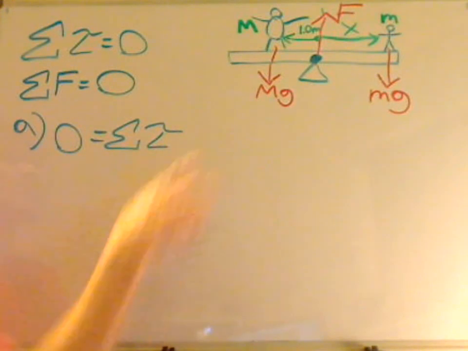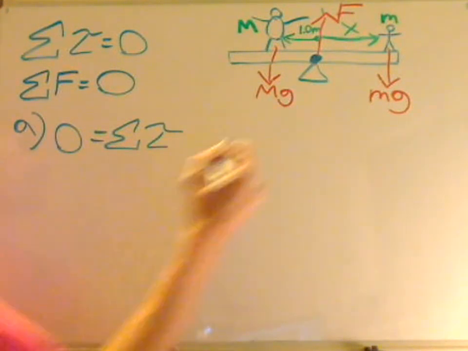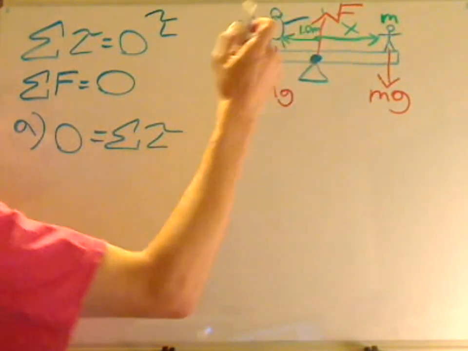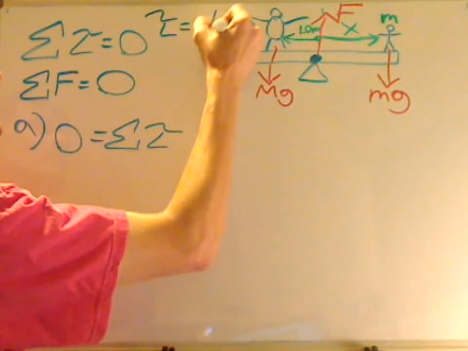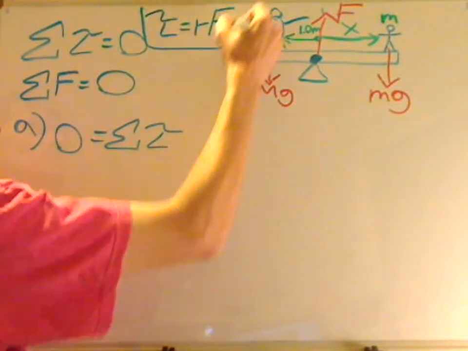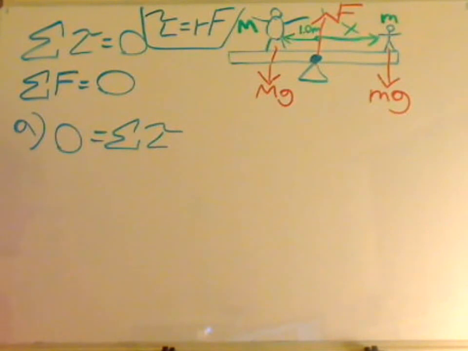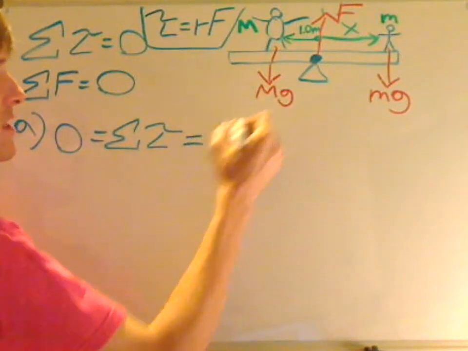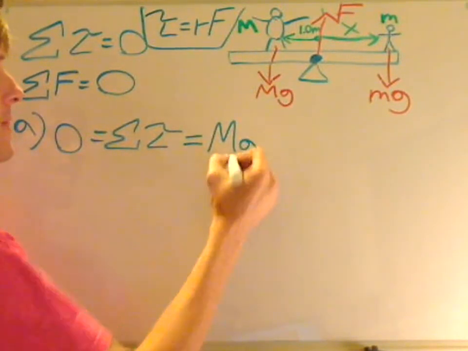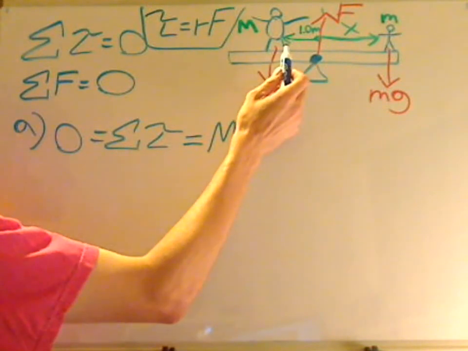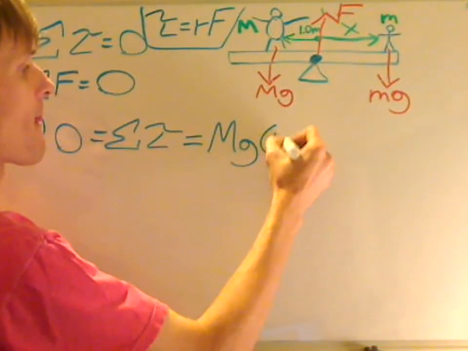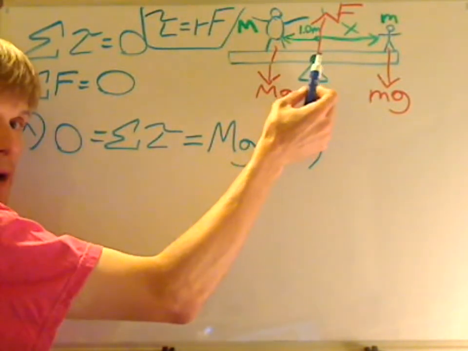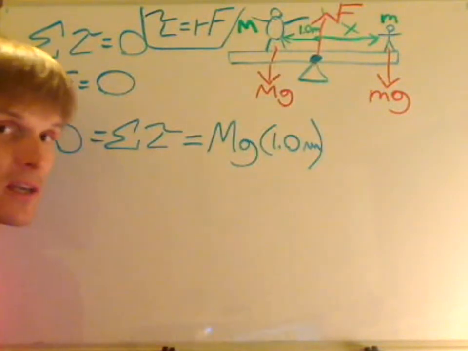Remember, when forces are applied perpendicularly like this, the torque is the distance from the pivot point times the force. That's our definition of torque. So the torque from this force here is the force itself, big M g, times the distance from the pivot point, which is 1 meter. Now, what about the force from the pivot point on the board here?